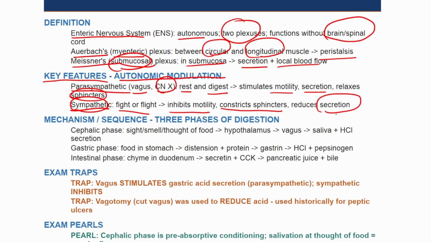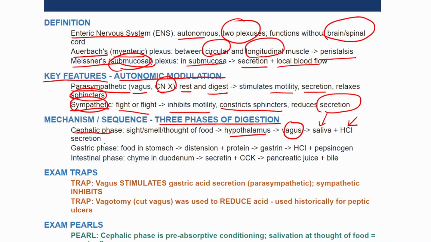This coordinated interplay between internal plexuses and autonomic inputs guides the system through a strict chronological timeline, mapping out the three phases of digestion. The sequence initiates with the cephalic phase, where the mere sight, smell, or thought of food sends signals through the hypothalamus to the vagus nerve, triggering anticipatory saliva and HCl secretion.